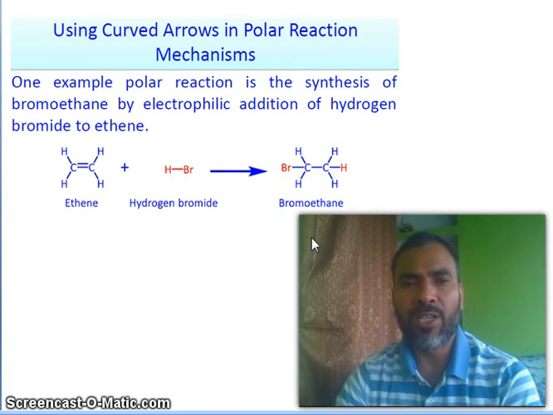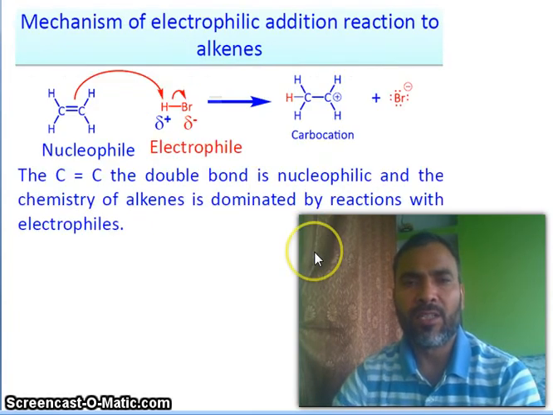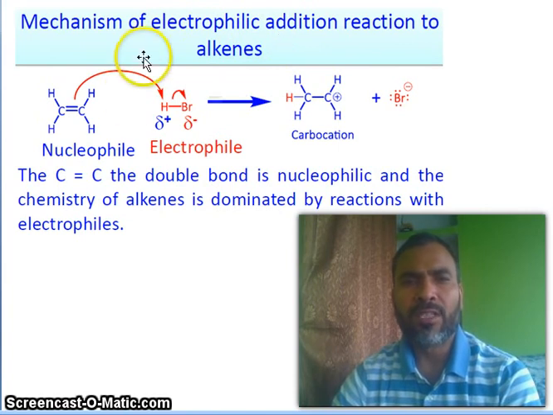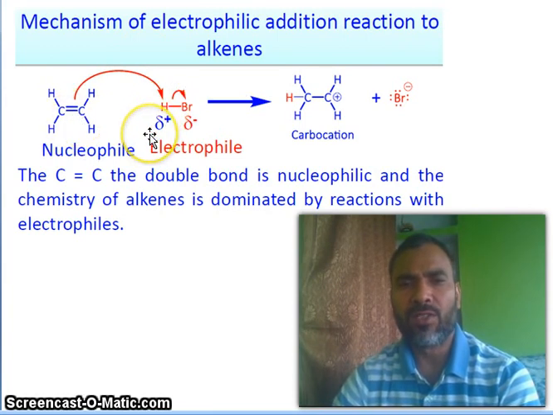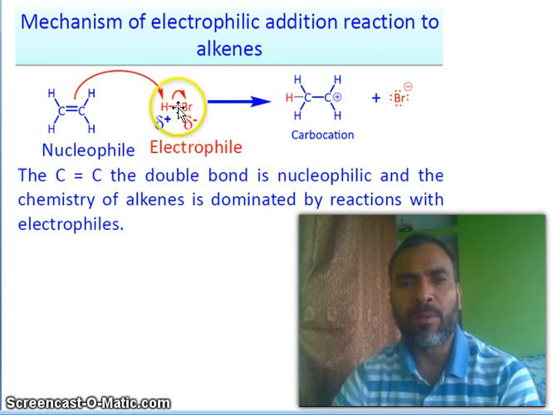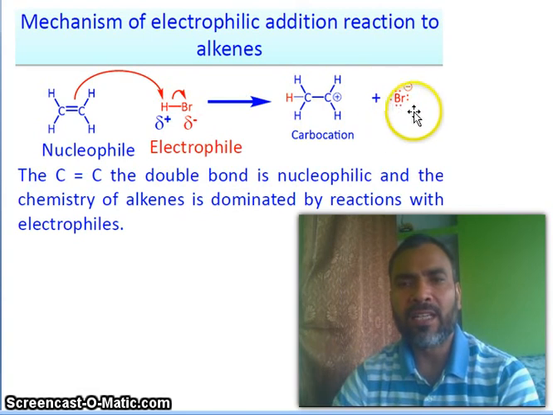How does this reaction happen? You should know the mechanism of the reaction. Why is this reaction an electrophilic addition? Because the reaction starts with an electrophile. You see, this double bond attacks this hydrogen, and meanwhile the hydrogen-bromine bond will break and a bromide ion will form, along with formation of a carbocation.